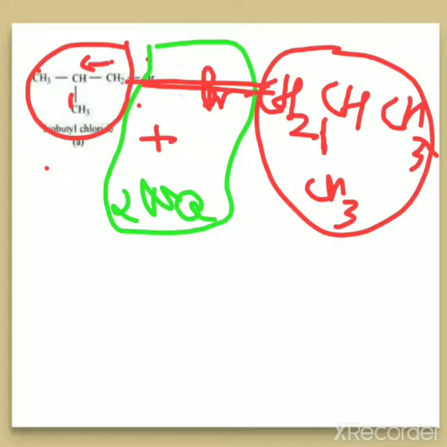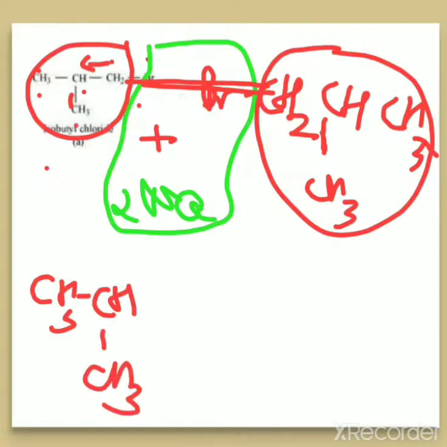So as it is, make the formula, that is CH3CH, CH, and in the branch side there is one CH3, then CH2, CH2. I've written this one as it is, that R is written as it is.